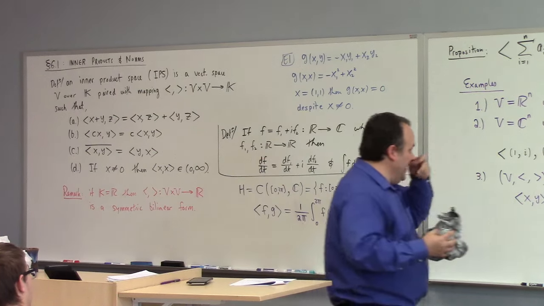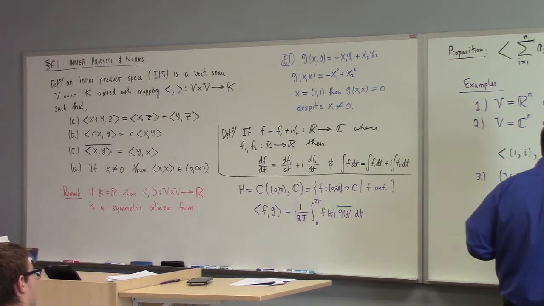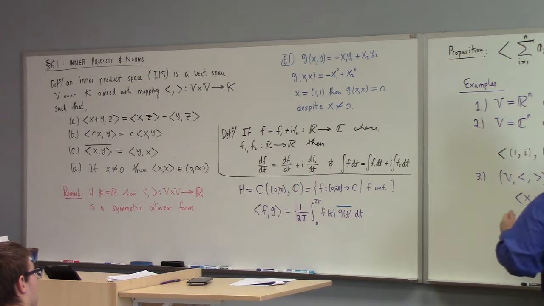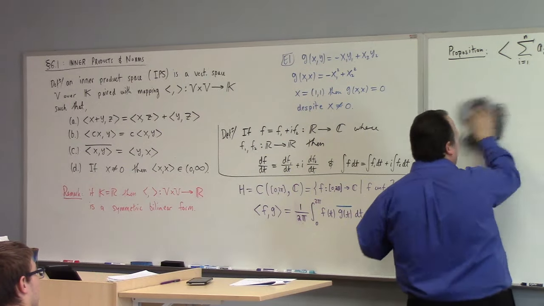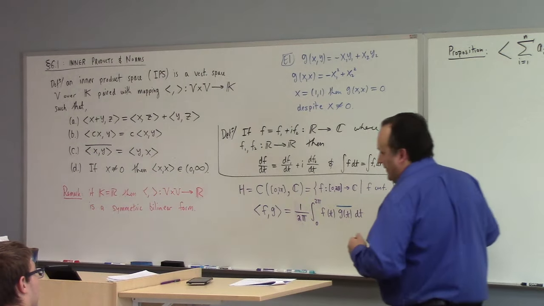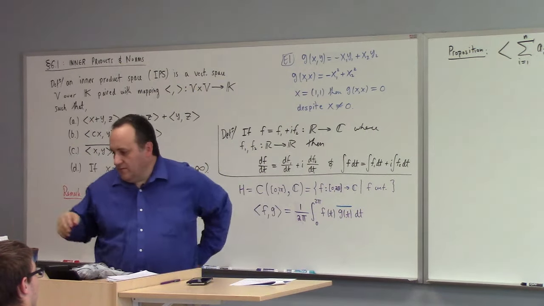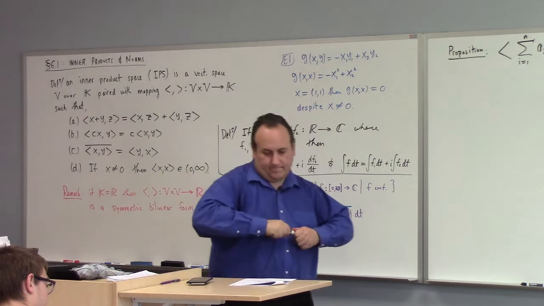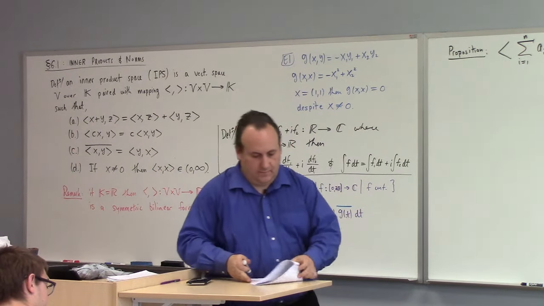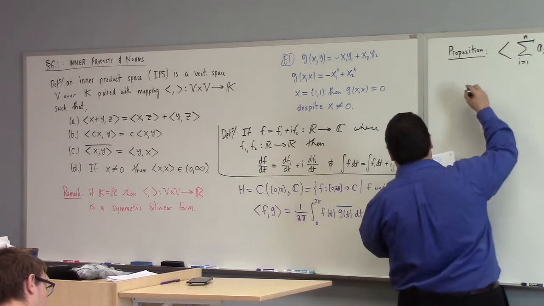So let me finally circle back and add to our proposition some additional properties that follow from our axioms. So here they are. I'll call this a theorem.